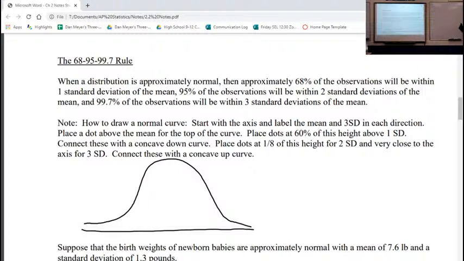I'll draw a simple version of it, and then we'll look at the more complicated version. So what this is saying is if we have 0, 1, 2, 3, -1, -2, -3.